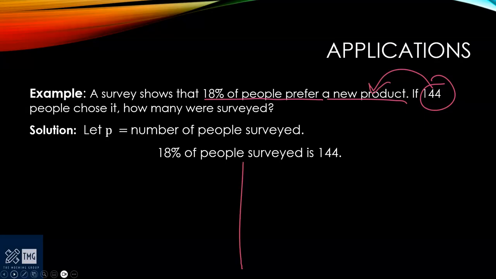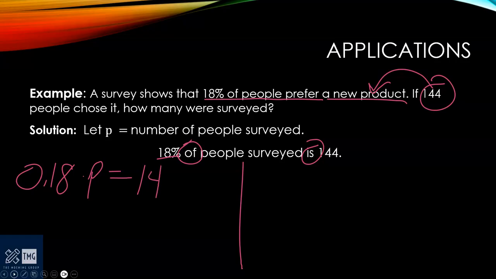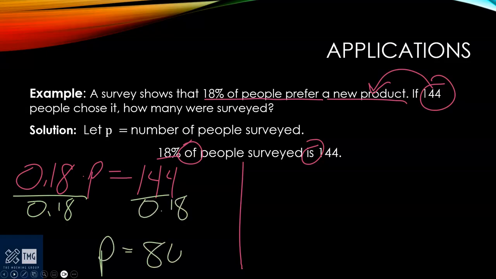So now, if we want to write this as an equation, we start with 18%, we change to a decimal. Of means to multiply. People surveyed. Well, we don't know, but we represent that as a P. Is the equal sign 144. To solve that, we divide both sides by 0.18, and the number of people surveyed is 800.